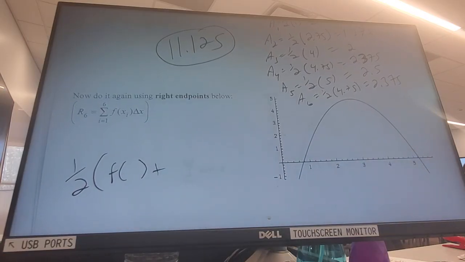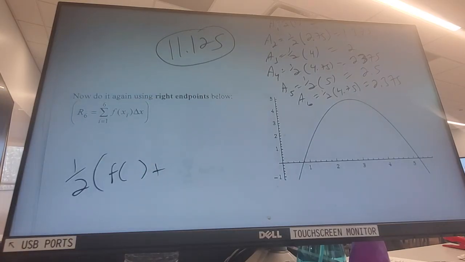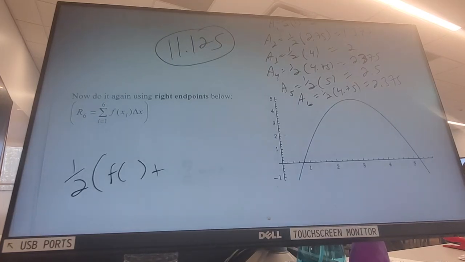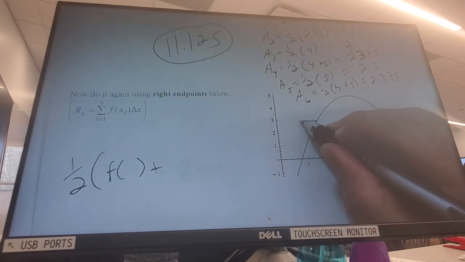How tall is my first rectangle going to be if I'm using right endpoints? Where's the first rectangle going to end? 1.5. So then I'm going to make the height there. I put my pen at 1.5 and then I draw up until I hit the curve and draw over and down.